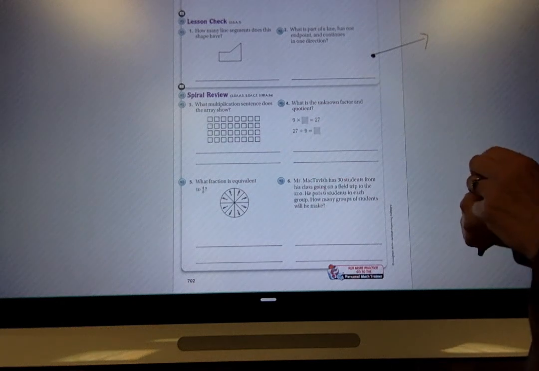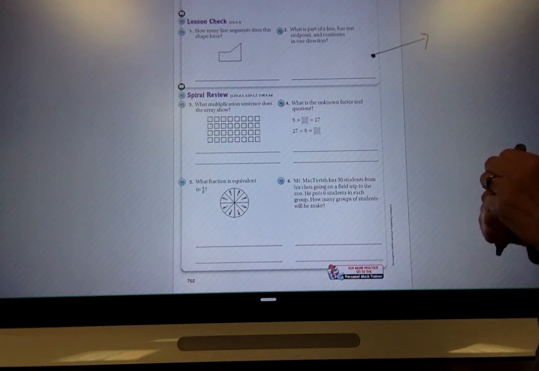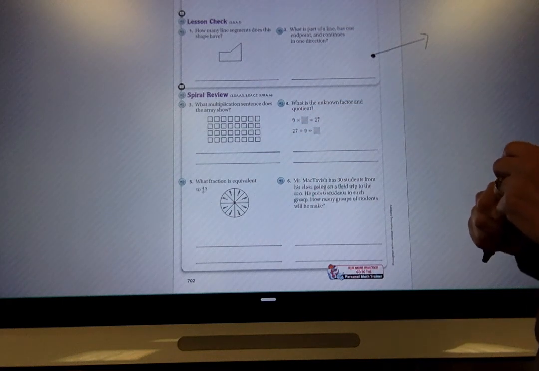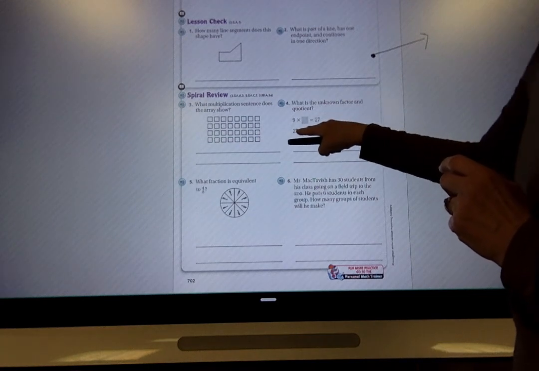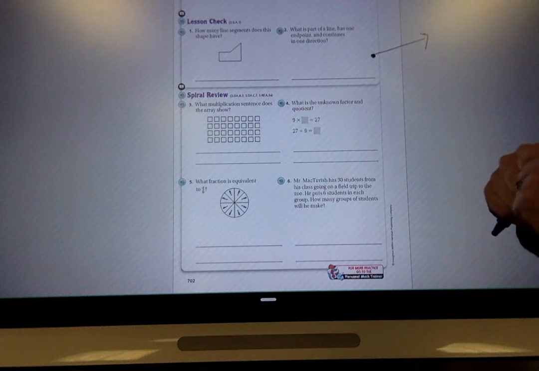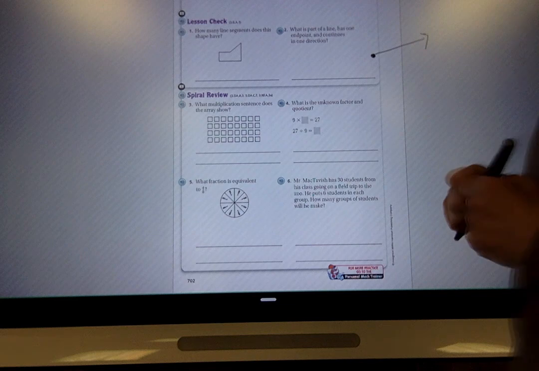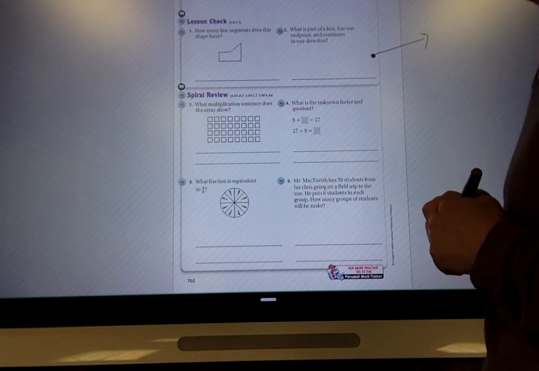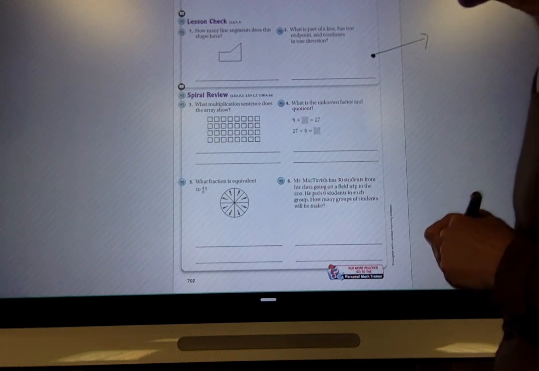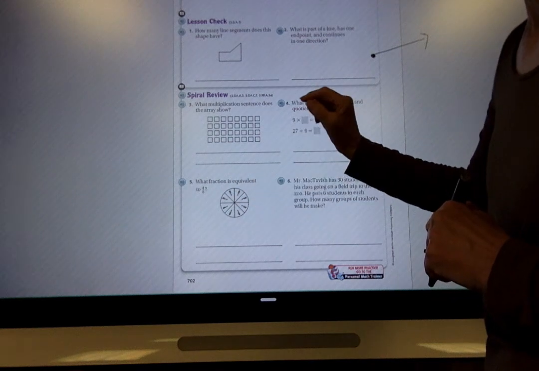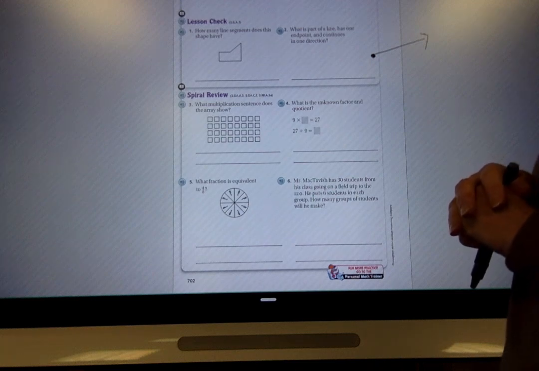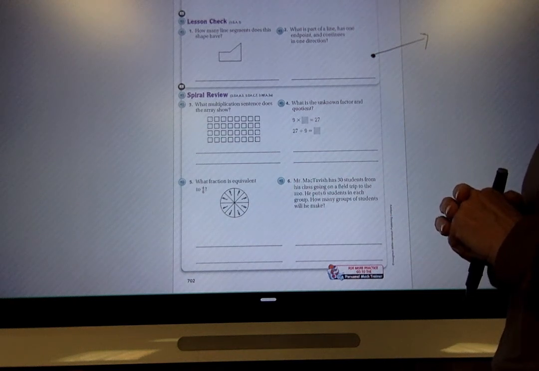Number 4, what's the unknown factor and quotient? Oh, 9 times what would give us 27? 27 divided by 9 gives us the same number. What is the missing number? Number 5, what fraction is equivalent to 4/8? 4 out of 8. We've got 8 segments. You're going to color 4 of them, and then you're going to see that that is the same as what other fraction?